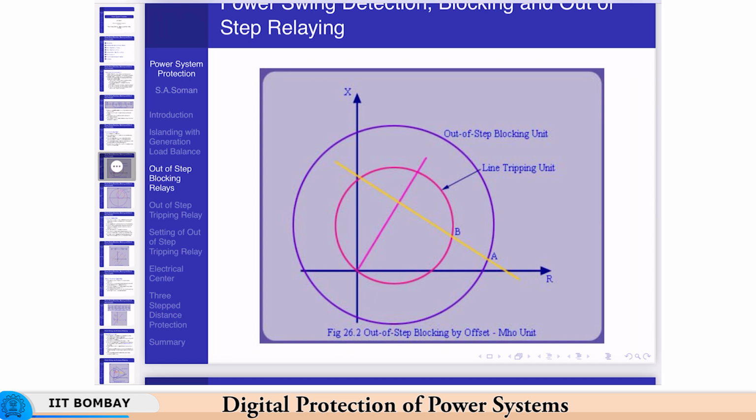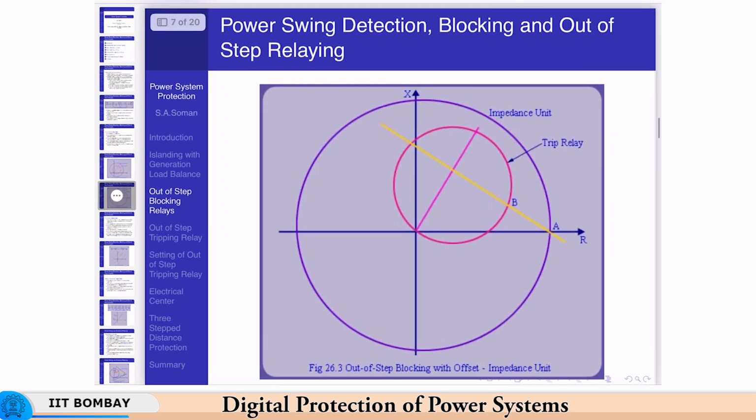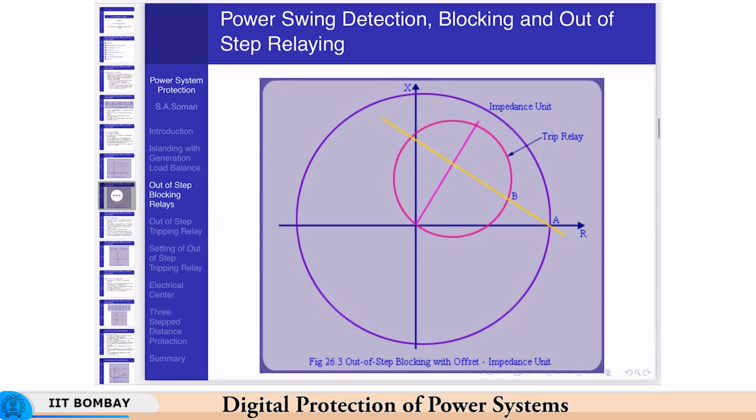You could also have an offset Mho. This is a non-directional distance relay characteristic. You do not use the direction information, and similarly, when it crosses the first characteristic, you start the timer, and when it crosses the distance relay itself, you can stop the timer. So, you know the time of traversing of the impedance locus.